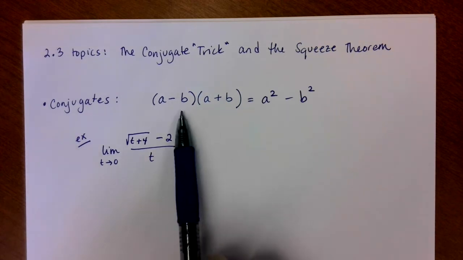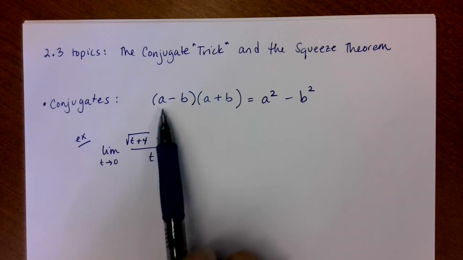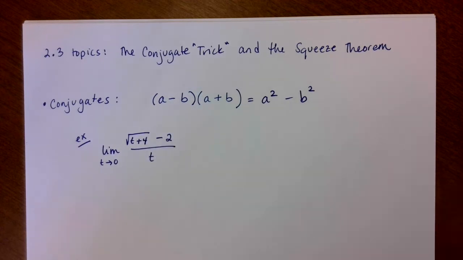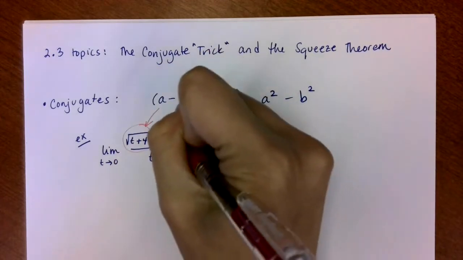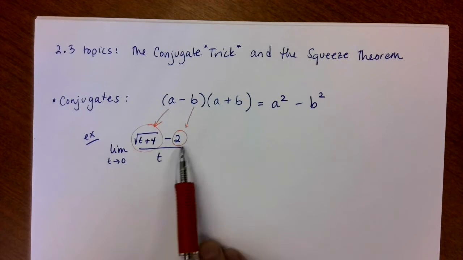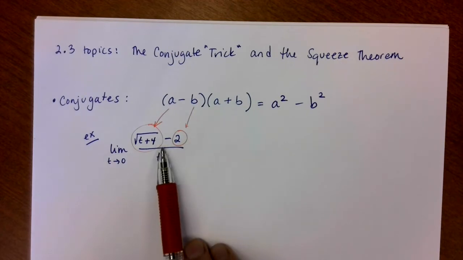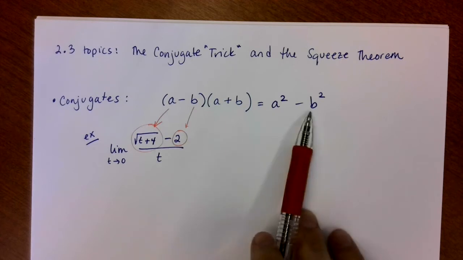So what we're going to do is take advantage of this special product to simplify the top. I want you to see a minus b as the numerator here. So your a is root t plus 4 and your b is the 2. What we want to do is multiply it by its conjugate, so root t plus 4 plus 2, so that it simplifies out like this.